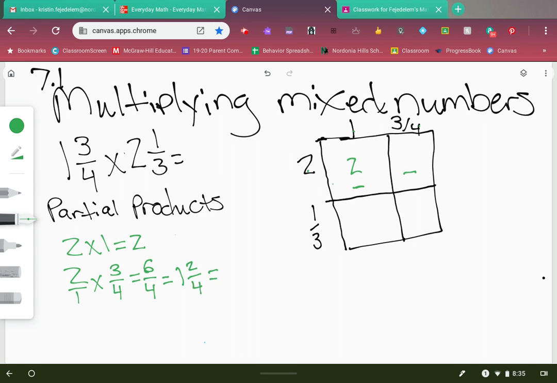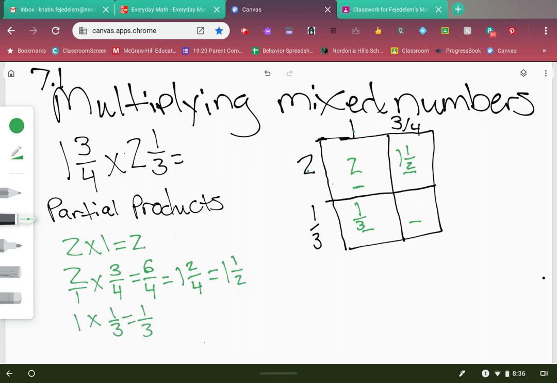Or some of you may say, well, 2/4 is a half. So I'm going to write 1 1/2. But we're not done. We have these 2 boxes. So let's look at this second box. 1 times 1/3. Oh, that's pretty easy. It's 1/3.